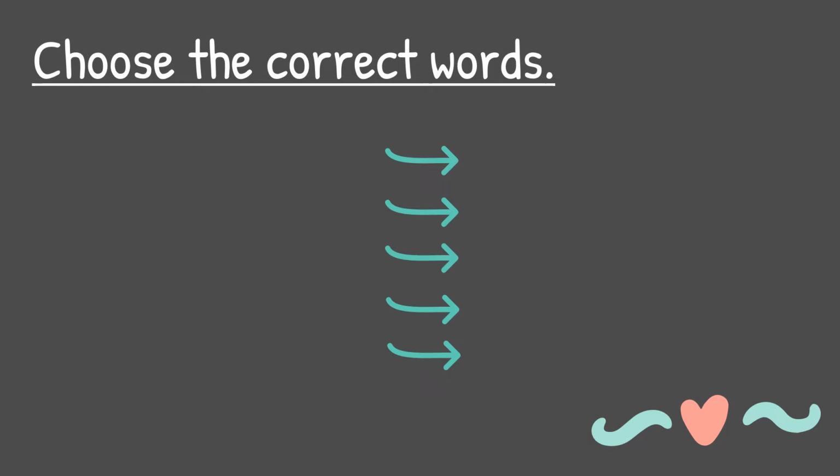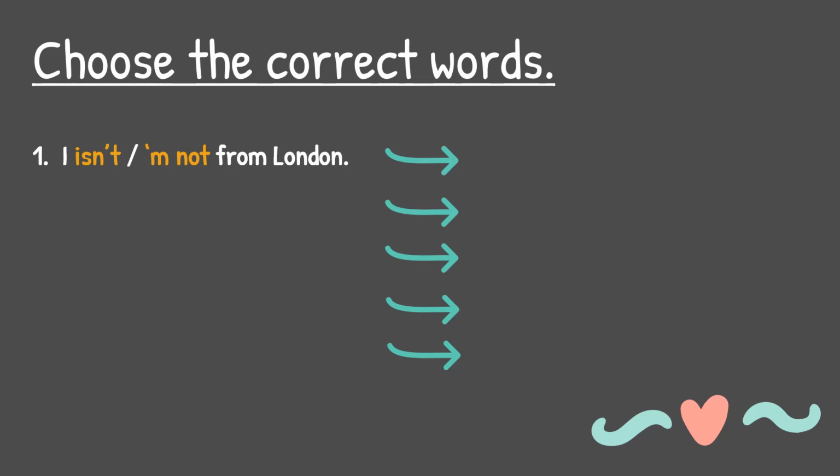Okay, now let's answer these questions. Choose the correct words. Okay, we do this exercise together. Number 1, I isn't or am not from London.